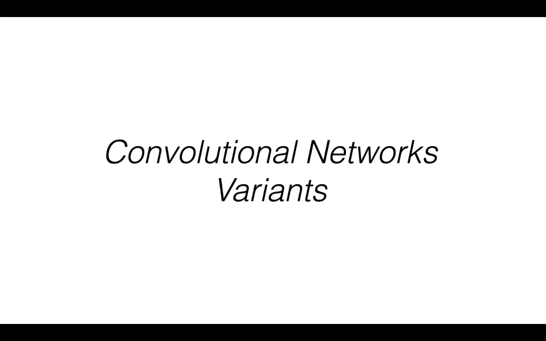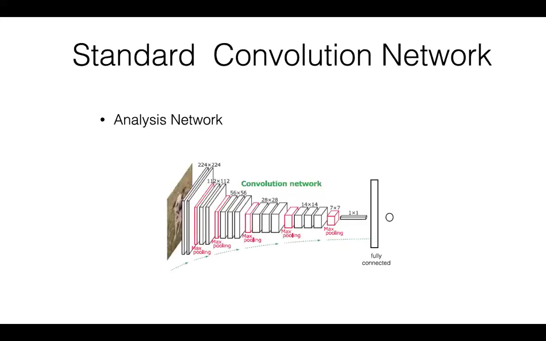It's useful to look at variants of convolutional neural networks. What we have discussed so far was the standard convolutional neural network, which is basically an analysis neural network. As I was saying, you have these layers that are going to detect features. The features have a hierarchy of characteristics with higher and higher level semantics.